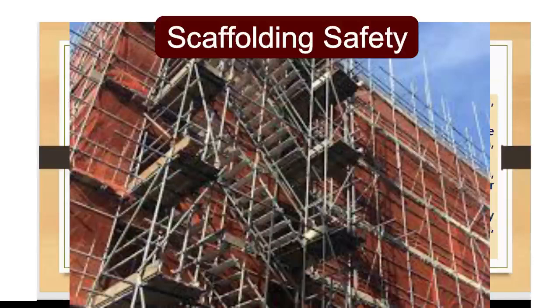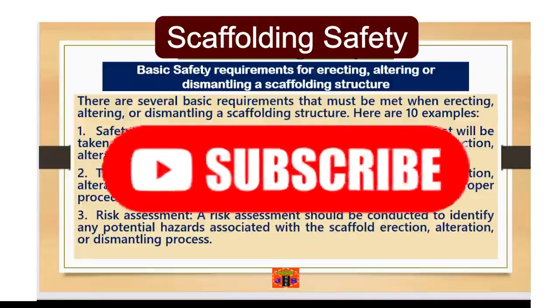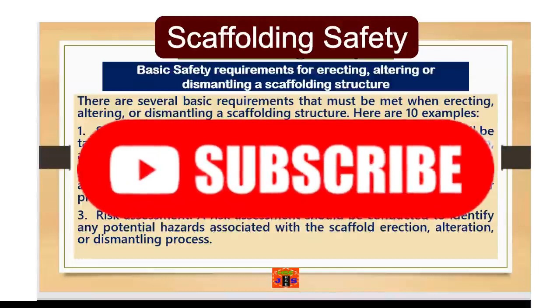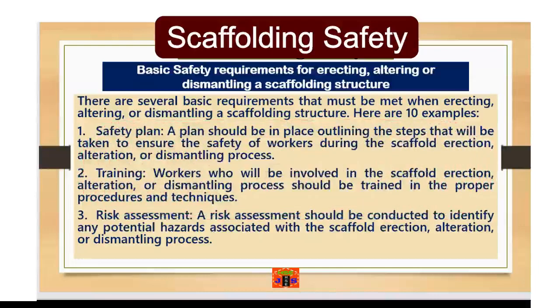Let us discuss now the basic safety requirements for erecting, altering, or dismantling a scaffolding structure. There are several basic requirements that must be met when erecting, altering, or dismantling a scaffolding structure.